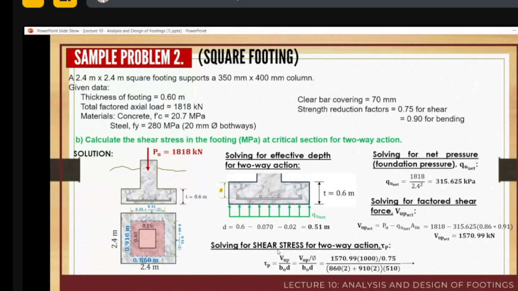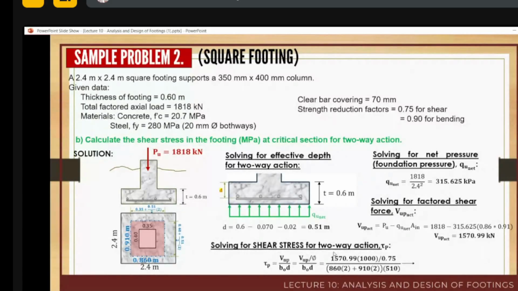So for the shear stress for two-way action, so more gapon yung formula, no? Vu divided by the phi times bo. So ang bo, duha ka 860, duha ka 910, multiplied by the effective depth, which is 510.